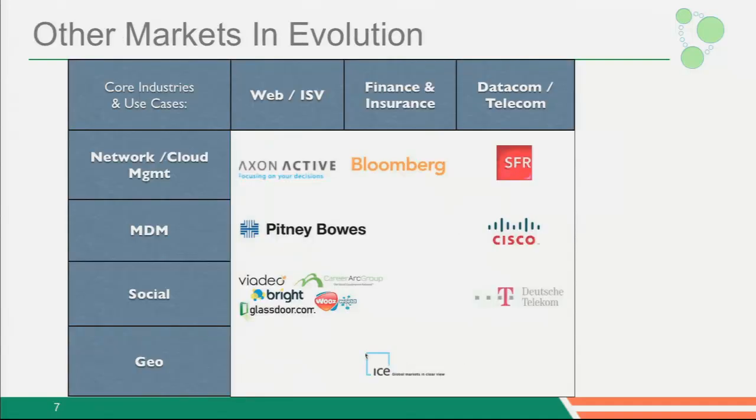So we talked a little bit about these 3 industries, right? And we have a couple of other markets in evolution right now. A year ago, I was here at Spring 1, and when we looked at NoSQL as a landscape and zoomed in, specifically looking at graph databases, we saw this as the main market and fertile ground for where graph databases seem to be adopted. We have software companies, we have finance and insurance companies, we have communications companies across a number of use cases.